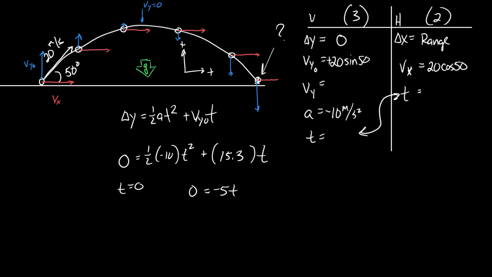I hate doing algebra in front of you because I think it diminishes us both, but I'm going to do some algebra because I've been watching some mistakes be made. I factored out 1t. I was left with this after I factored out the t, and then solved it and got 15.3 divided by 5. So this is 3.06 seconds.